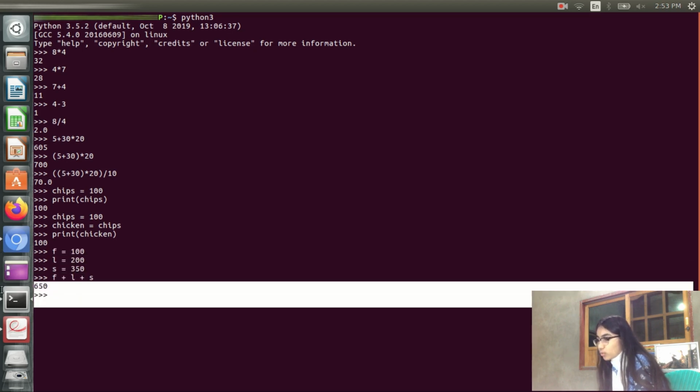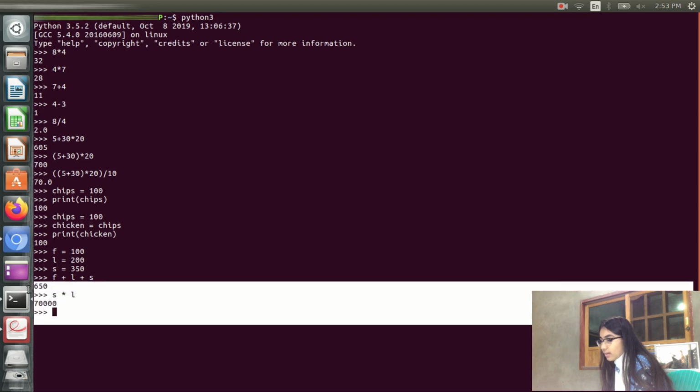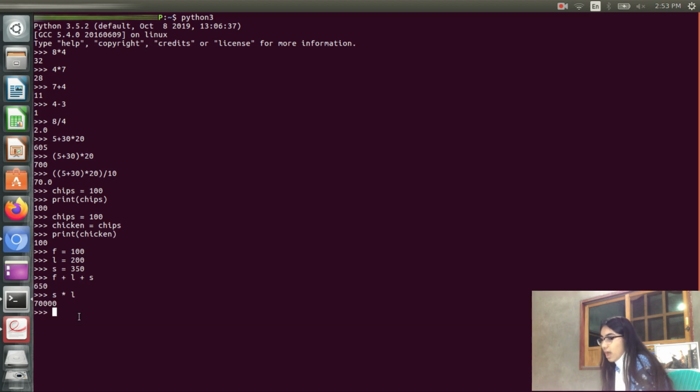Python will combine all of these and give the answer. So Python always remembers or stores the values in the variables. I hope you understand all about the variables and calculations. If we multiply the variables S into L, it will give an answer. This is how Python remembers, as I told you before, making sure that Python always remembers the last value we give it.